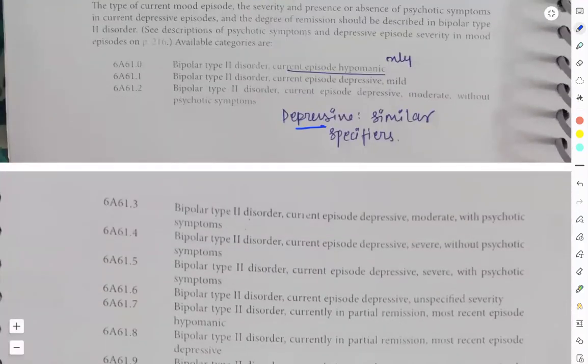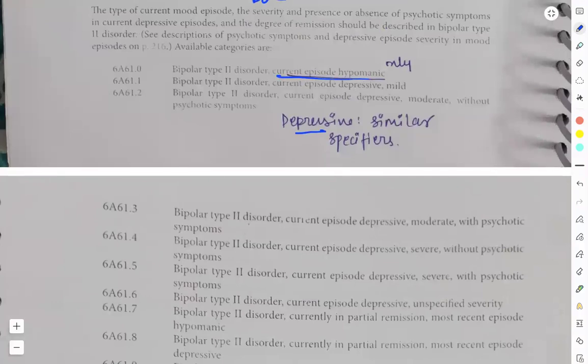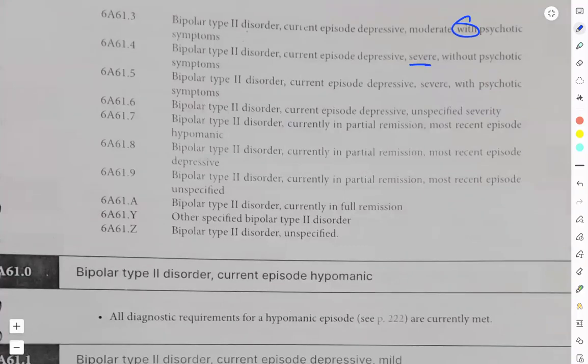So with depressive, we already discussed how you have to go. With current episode hypomania, nothing is required. Current episode depressive mild, then we have moderate, we have severe, again without or with psychotic symptoms. Then again with partial remission, most recent episode depressive, partial remission, most recent episode hypomanic, and unspecified.